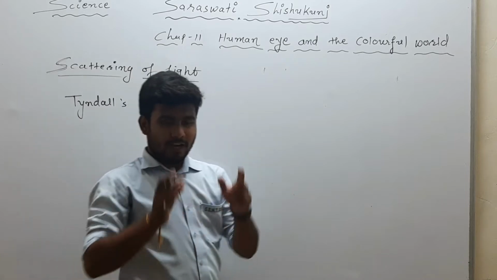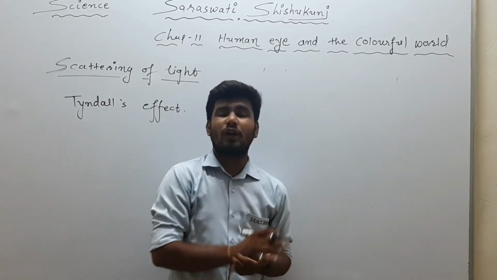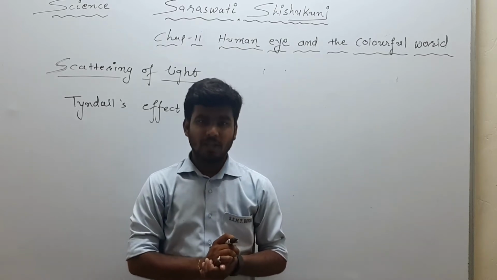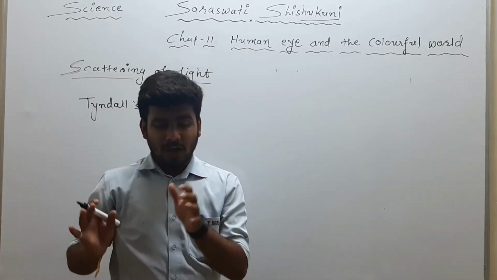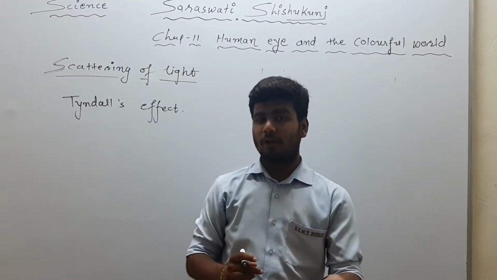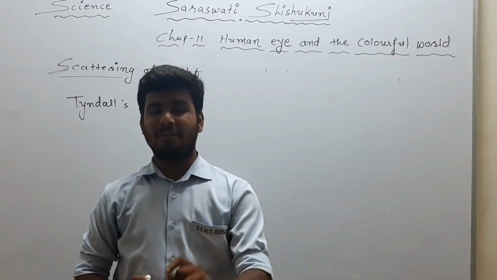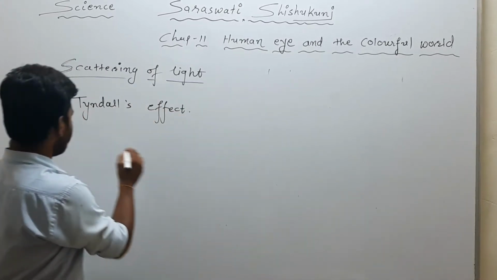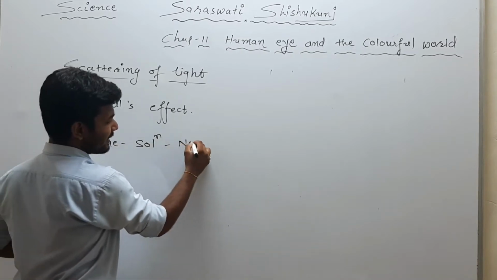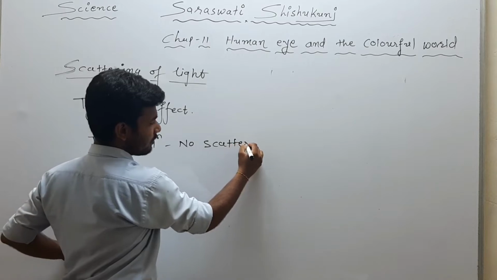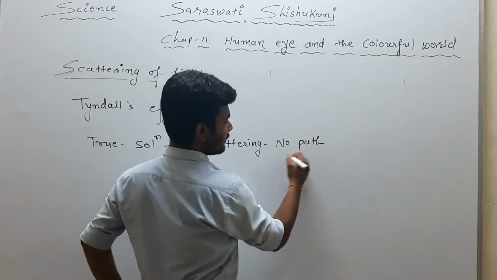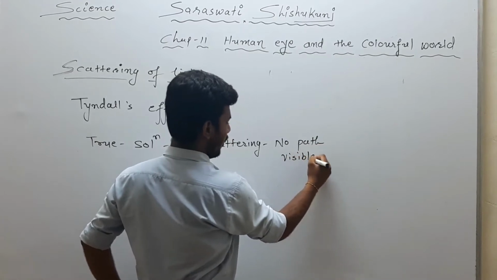As we have seen, when we pass light through a true solution, it will not scatter and the path of the light will not be visible. But when light passes through a colloidal solution, its path becomes visible, and this phenomenon is called Tyndall's effect. So from the true solution, there is no scattering of light, so no path of light is visible.